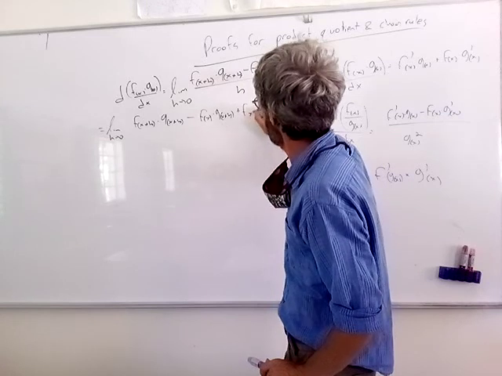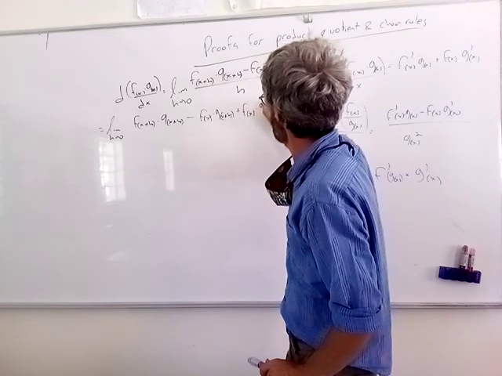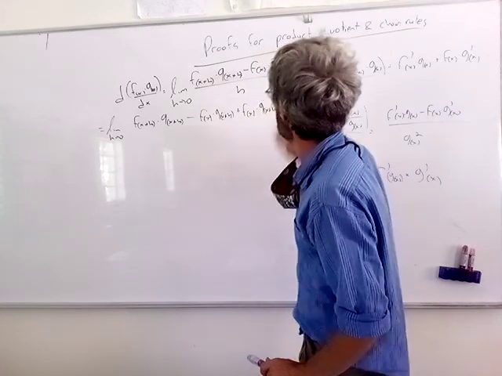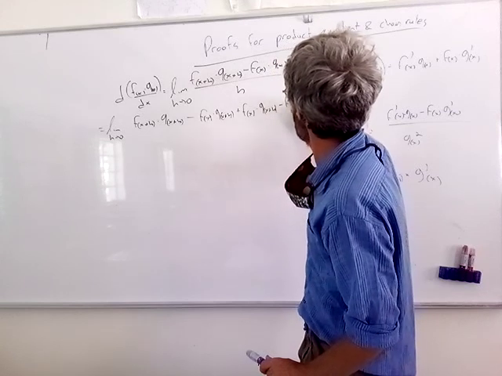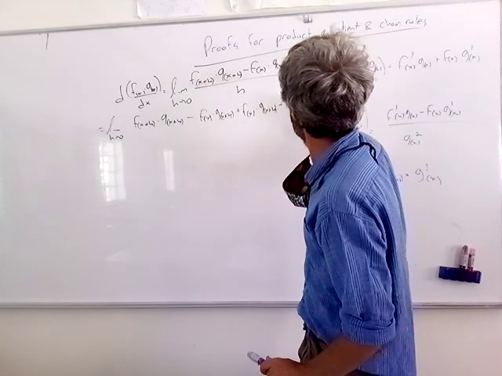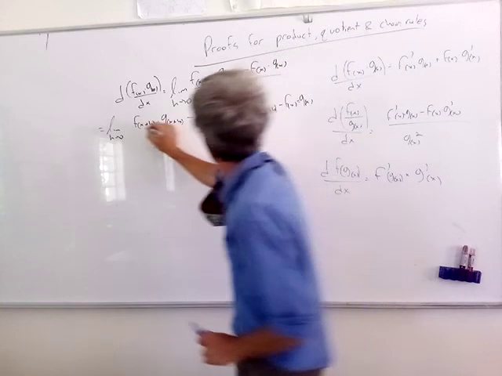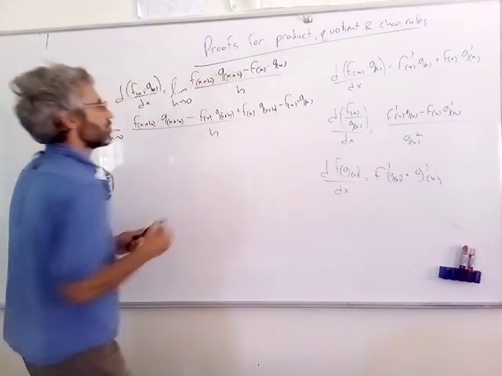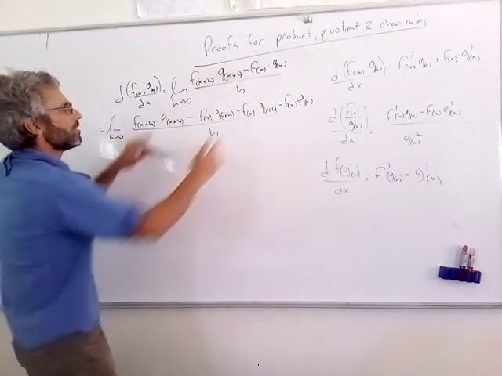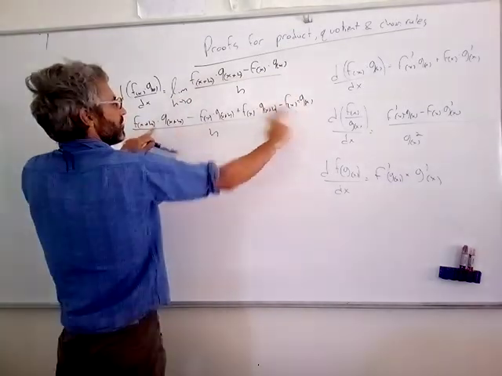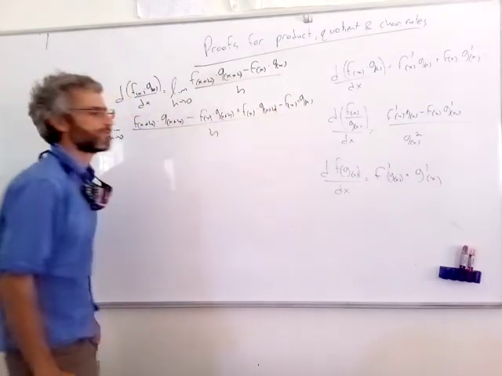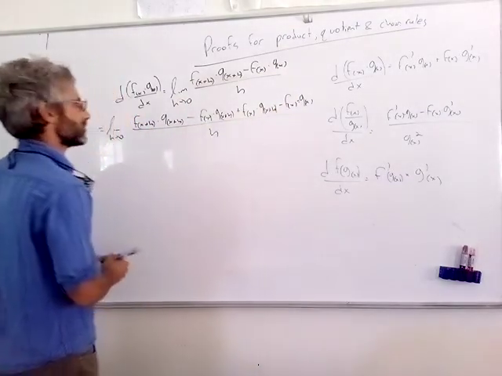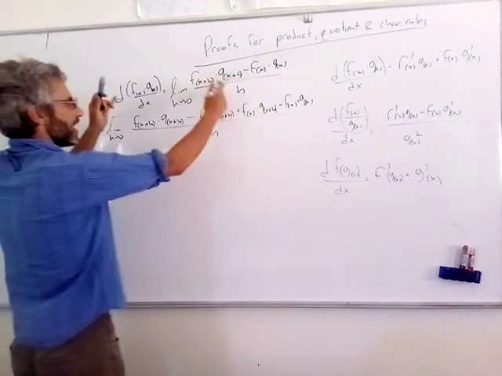So I'll add it again, f(x) times g(x+h). And then finally, f(x) times g(x), all that over h. So you can see what I've done here. I took these two terms, and I subtracted and added the same term. Why? You'll see now.